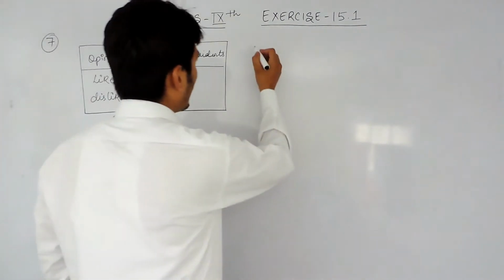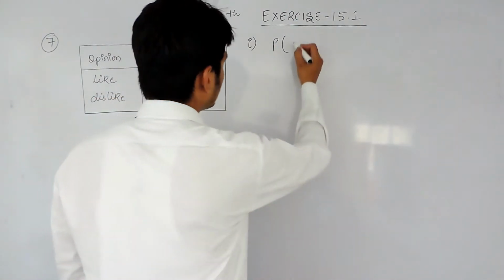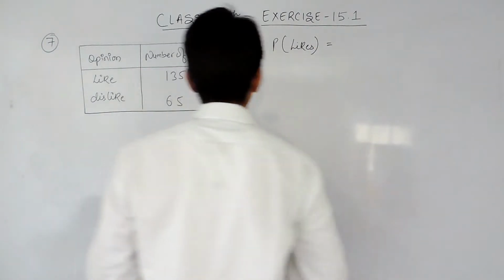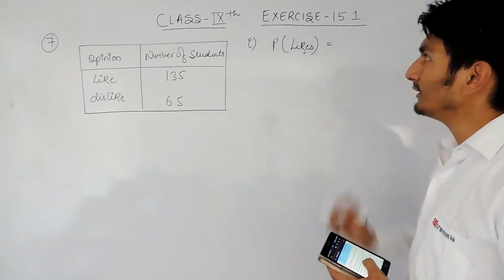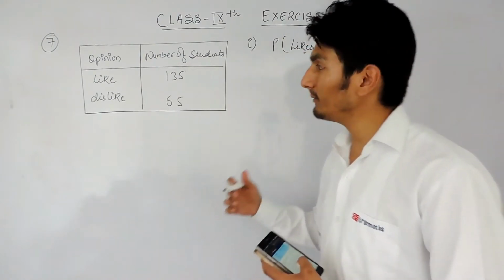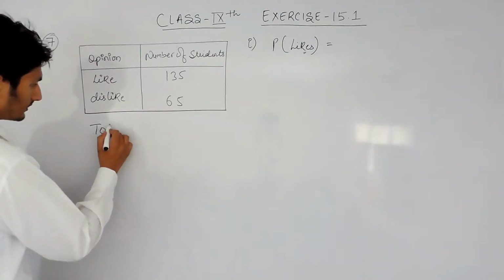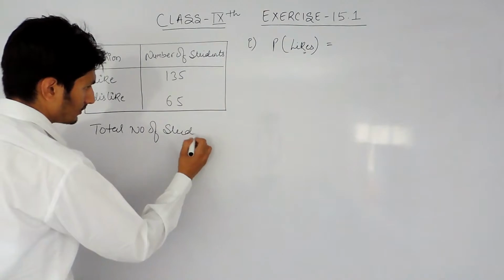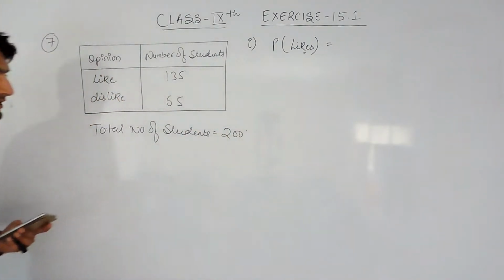First of all, I have to find the probability of a student who likes this subject. Obviously, to find the probability of an event, we have to find the total number of trials. In this case, the total number of trials will be equal to the total number of students, which is given to us as 200.